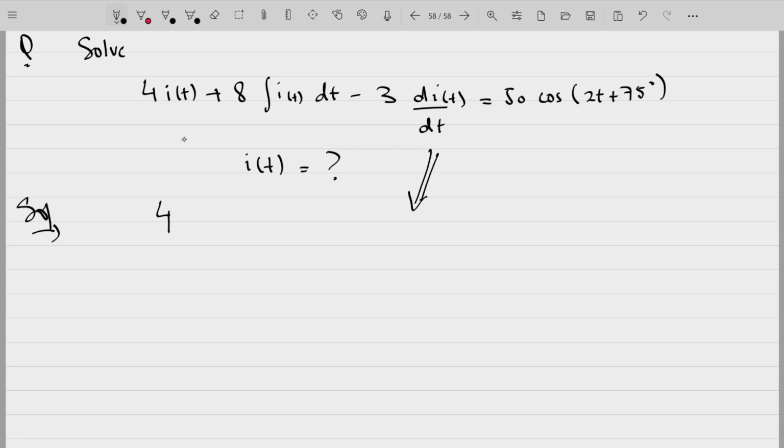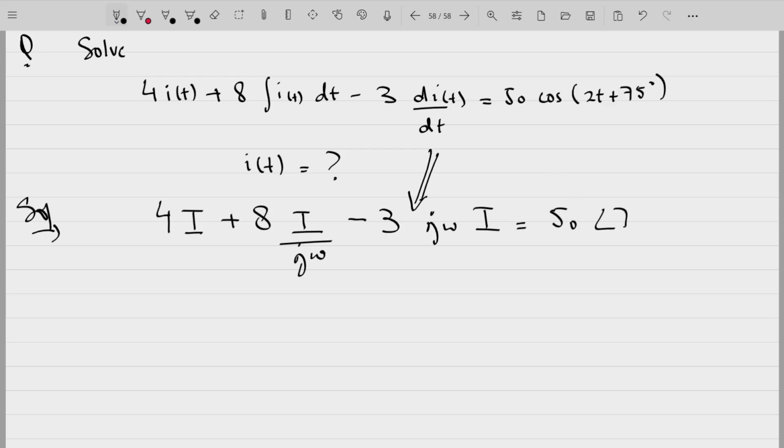So 4 I(t) की जगह पे आपका I है plus 8 इंटीग्रल ऑफ I(t) की जगह पे आप I डिवाइडेड बाय jω लिख सकते हो, माइनस 3 dI/dt की जगह पे आप jω इंटू I लिख सकते हो, is equal to on the right hand side the phasor form is 50 angle 75 degrees.